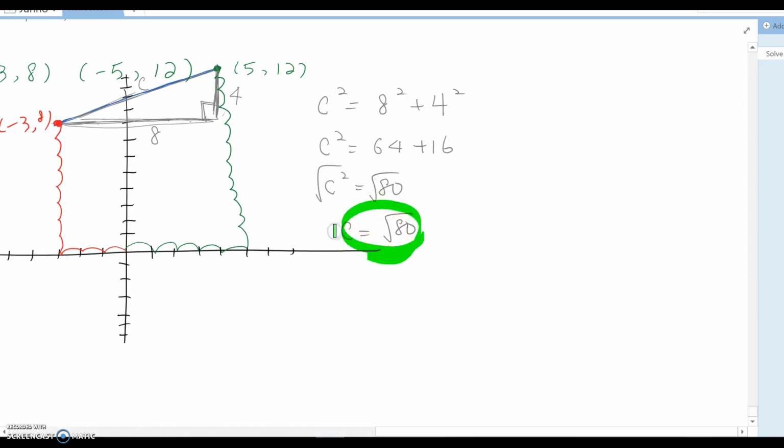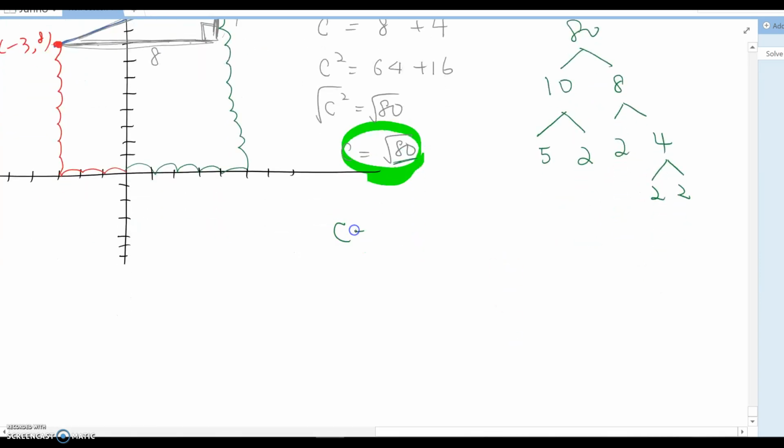But if it were the final answer, that would be great, but we need to find out whether we can simplify it. So you need to find the prime factorization of this number. So 80 means 10 times 8, 10 means 5 times 2, 8 means 2 times 4, 4 means 2 times 2.